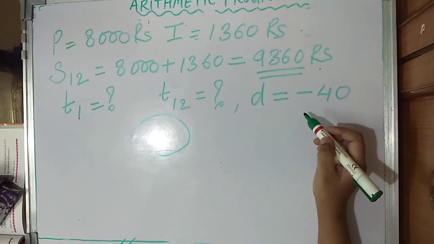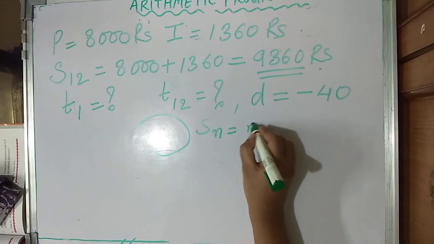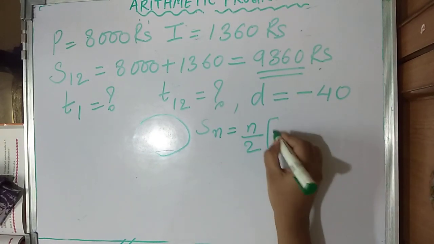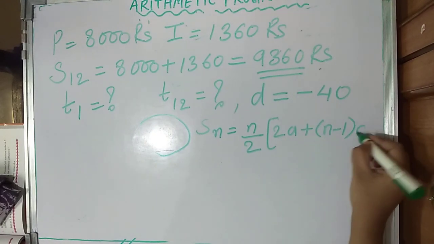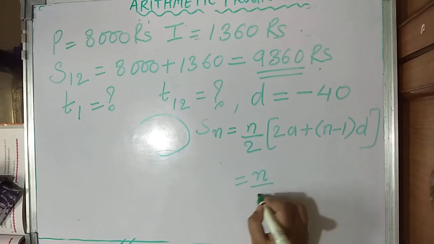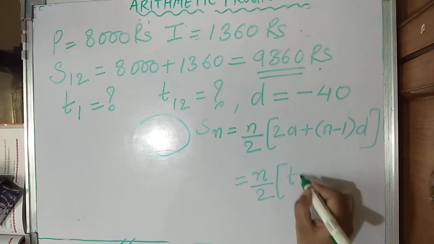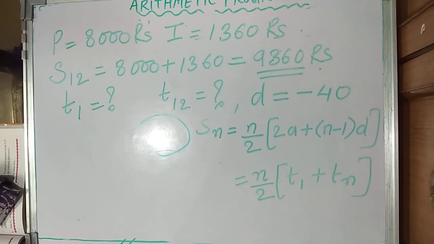Now let's recall the formula of Sn. Sn formula is n upon 2 into (2a plus (n minus 1) into d). And the other formula is n upon 2 into (T1 plus Tn). Now if you observe in this formula, we know n, that is 12 installments.